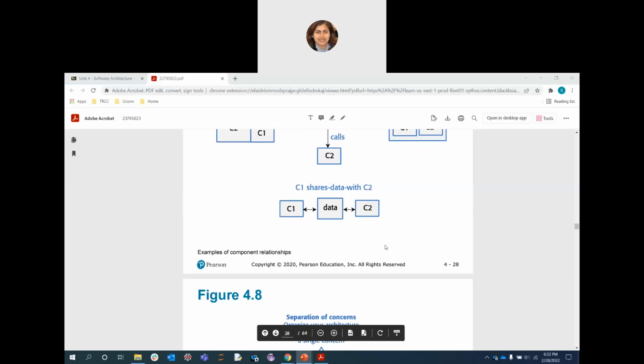So it is always preferable to use local data whenever possible, and to avoid the sharing of data if you can.